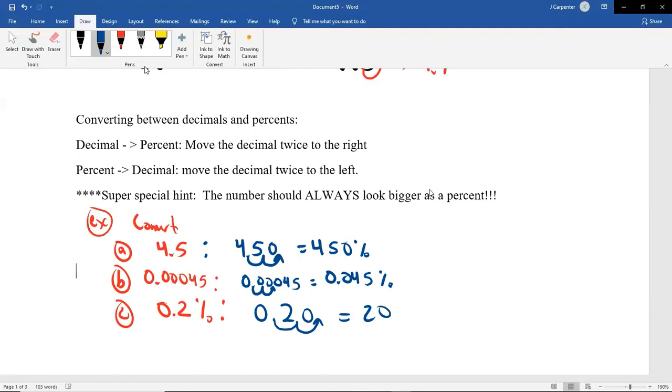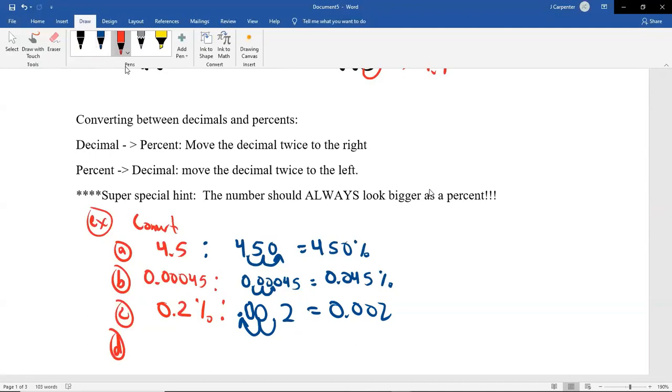But does the percent number of 0.2 look bigger than the decimal number of 20? Nope. You probably imagined I was going to do that wrong. And look, the last two that were correct, we were moving right, so that definitely had to be wrong. So this was supposed to go left twice. Now you can catch it. There's a filler 0. Make sure you always get those. So this would be 0.002. The percent number does look bigger than the decimal.